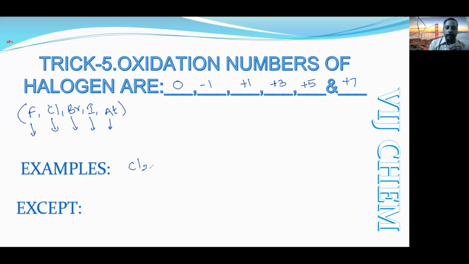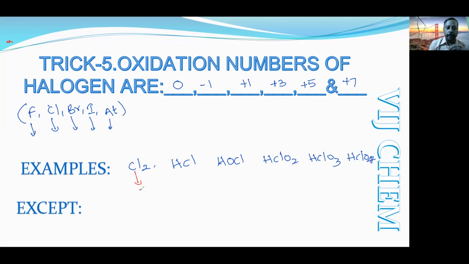Suppose I take Cl2, what is the oxidation number of chlorine? 0. HCl, oxidation number of chlorine will be -1. HOCl, +1. HClO2, +3. HClO3, +5. HClO4, +7. Okay, so these are the examples. Here I am writing the oxidation number of chlorine.